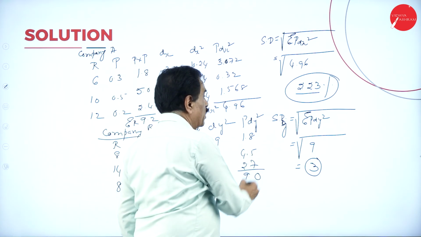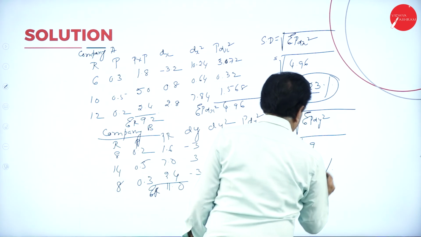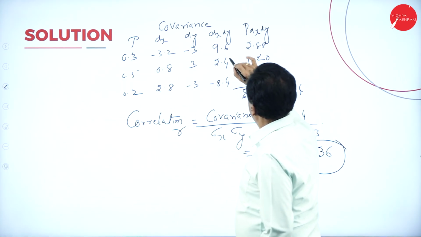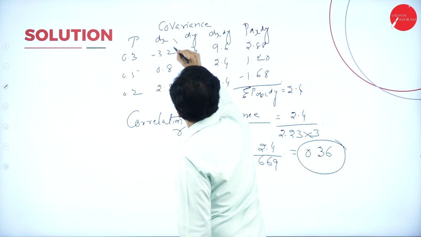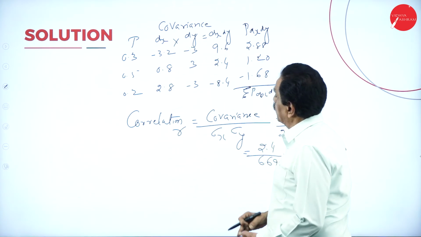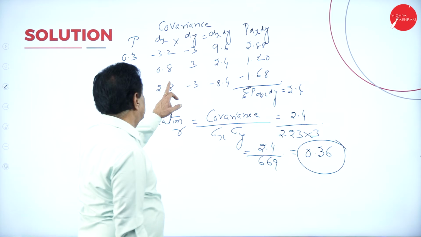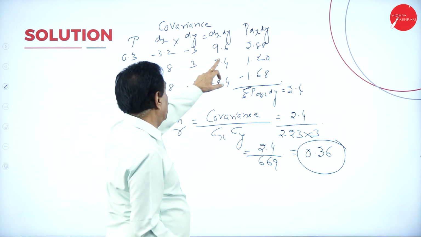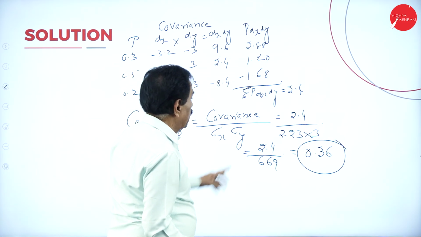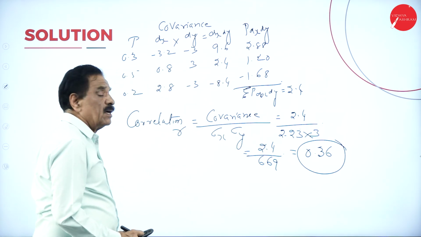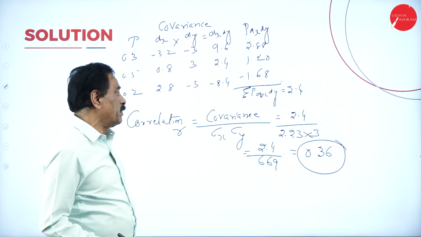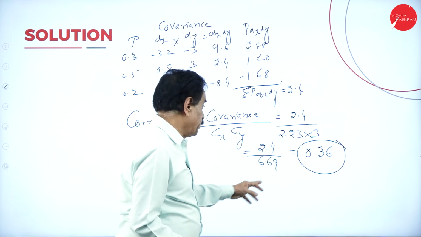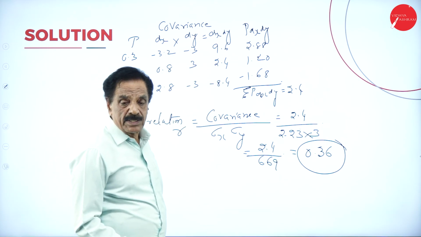Then root of 9 is 3. Then take the covariance, probability dx dy: 9.6, 2.4, minus 8.4, multiplied by probability, the covariance is 2.4. Correlation is covariance 2.4 divided by standard deviation of x and standard deviation of y, which comes to 0.36.